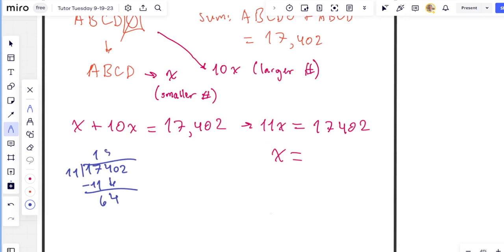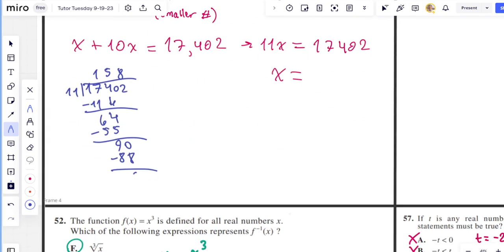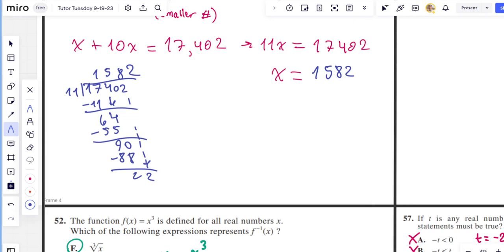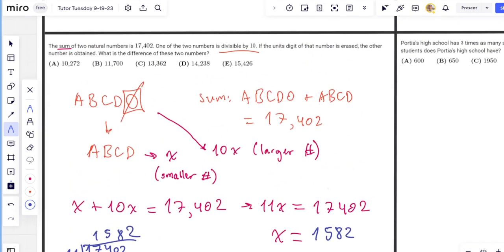Little known skill, I think. 55, get 9 here, 90, 11 goes into 98 times, minus 88. That leaves us with 2, and that goes down there to 22. So x is equal to 1582. You better touch up on your long division skills.